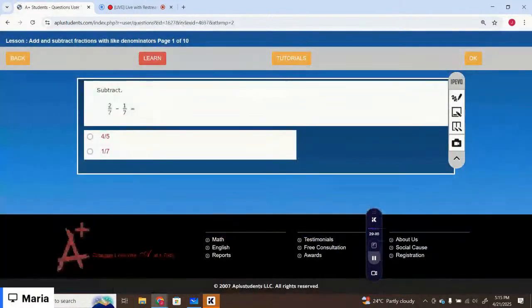So when you have two fractions with like denominators, that means they have exactly the same denominator.